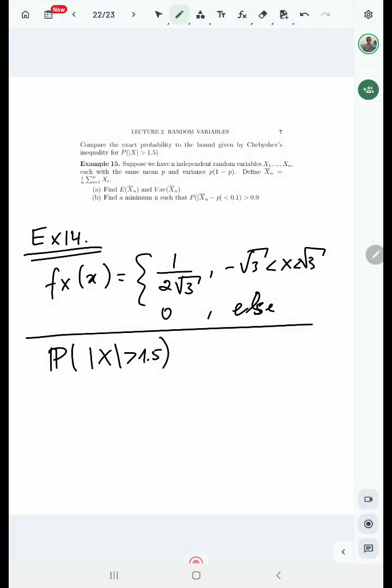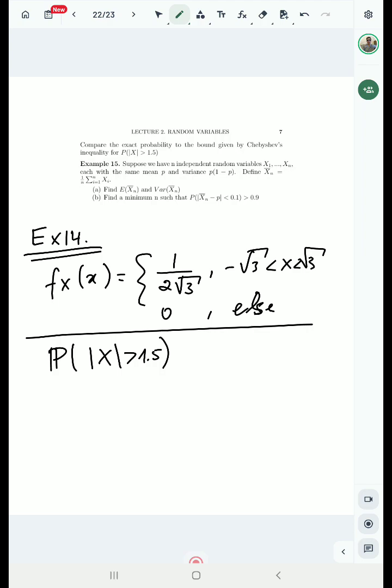So here we have the absolute value of x greater than 1.5. We have either x being less than minus 1.5 or x being greater than 1.5. So there are two cases.